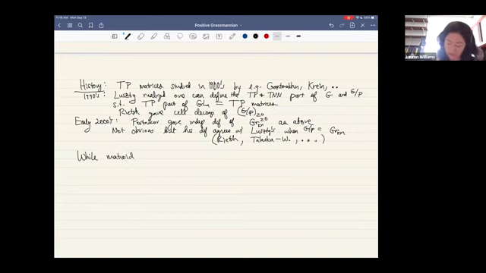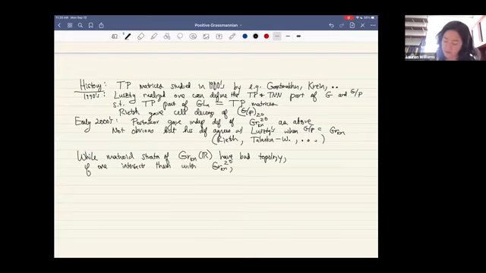So while matroid strata of the Grassmannian have bad topology, if one intersects them with the positive Grassmannian, then one actually gets topological cells.